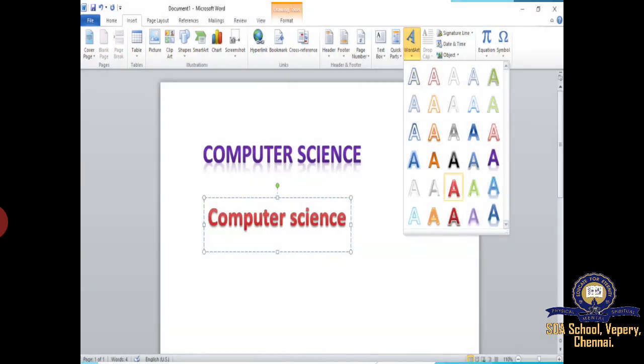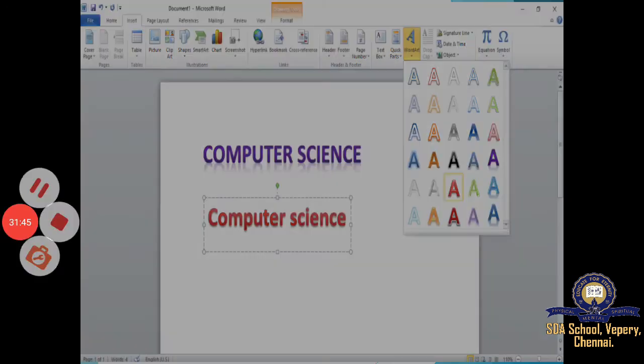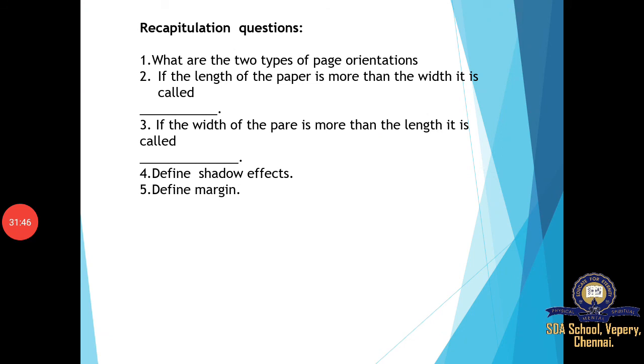Then I'll choose another style also. We can select all those styles. It looks attractive in your document. When we use this, it will look attractive. Okay, let us stop with that.